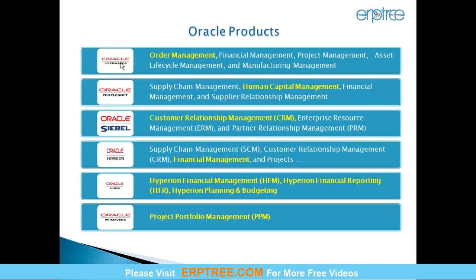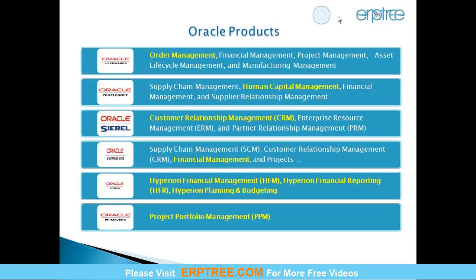For example, from JD Edwards they took the order management solution, from PeopleSoft they took human capital management, from Siebel they took CRM, and from Oracle EBS they took financial management.